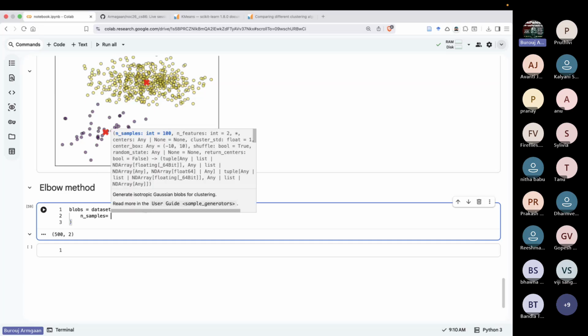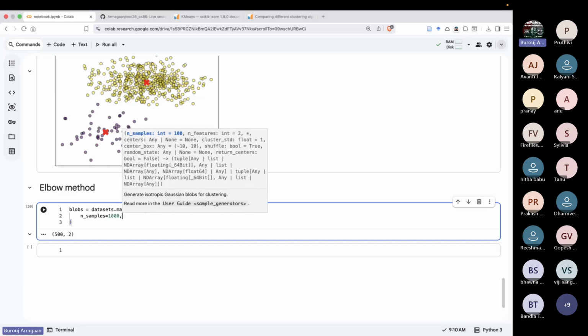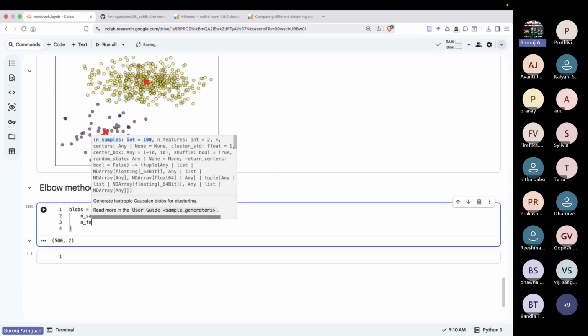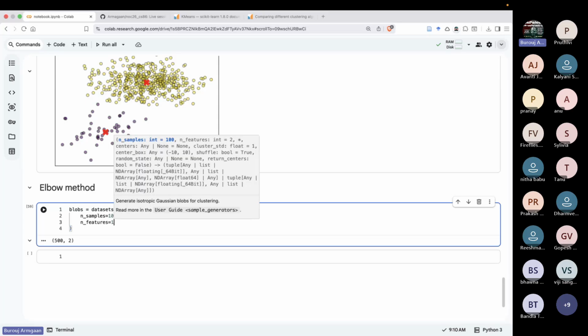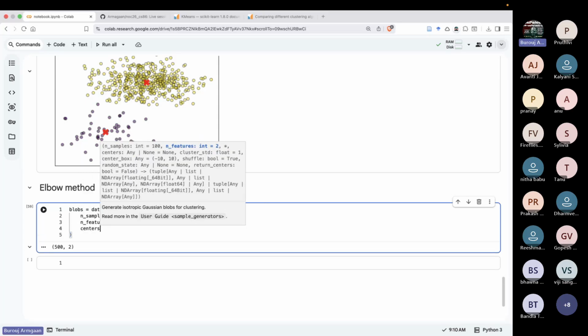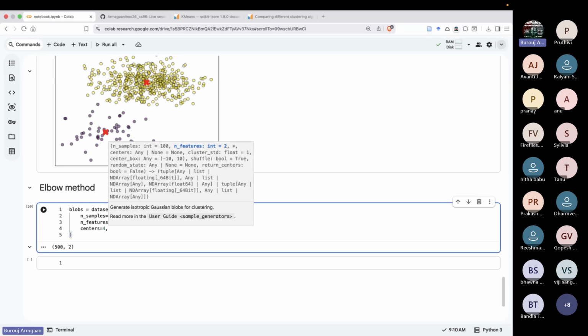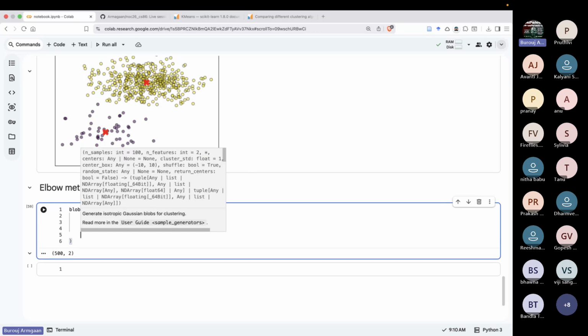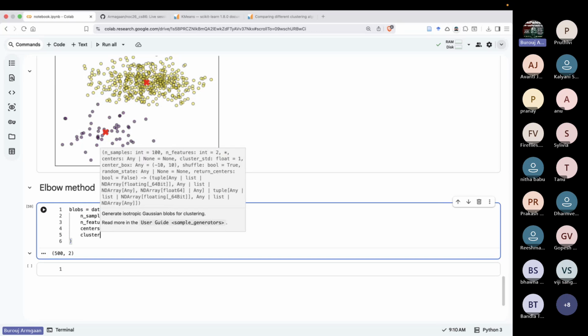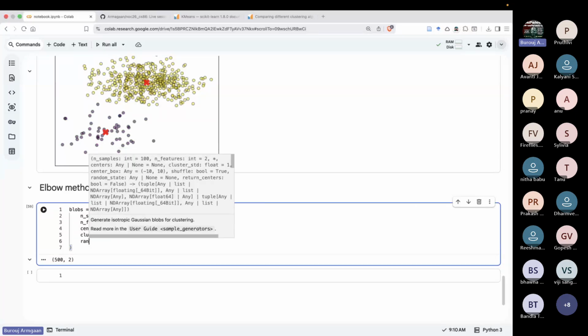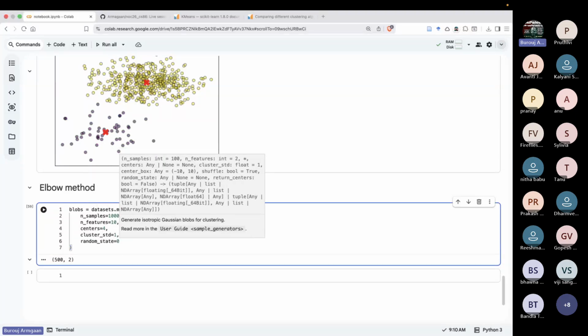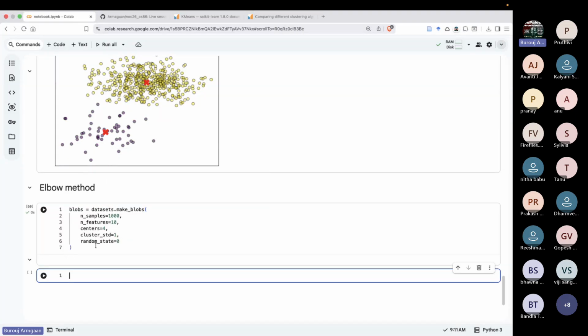Let's use, let's say, 1000 samples. And rather than using two features, let's use 10 features. So our data is 10 dimensional, so we cannot plot it. Let's use four clusters rather than two clusters. And our standard deviation is, let's say, one, and we set some random state. Okay. And we have this.